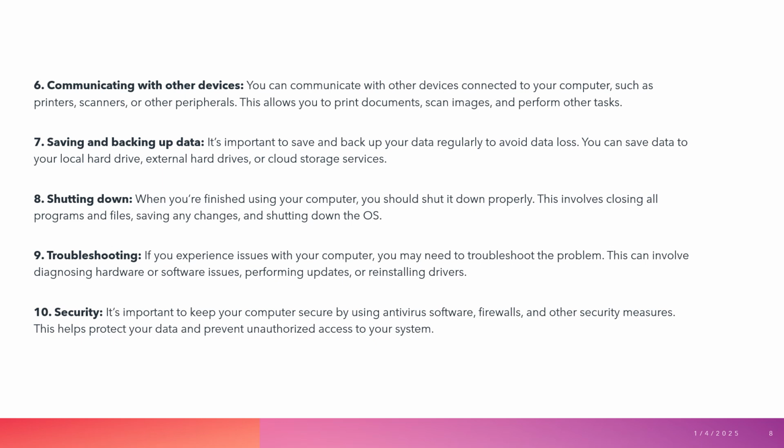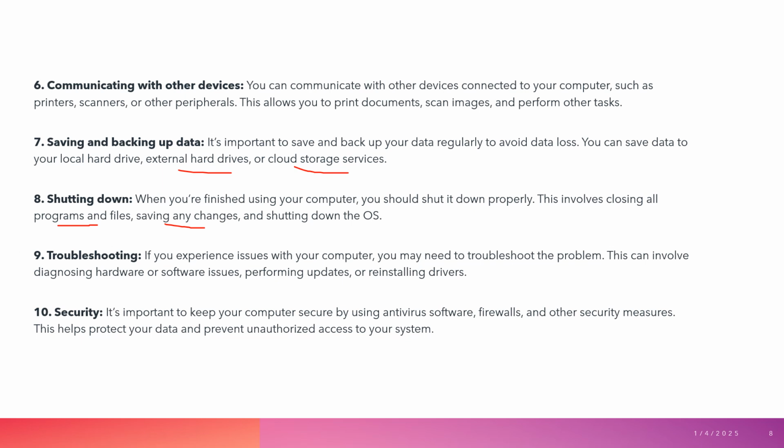You can save your data to your hard drives, your external hard drives or cloud storage devices to back up your data from any sort of loss. The next is shutting down. Whenever you've finished using your computer, you should shut it down. This can be done by closing all the programs and files that are opened, saving any changes that you require, and then shutting down your operating system.